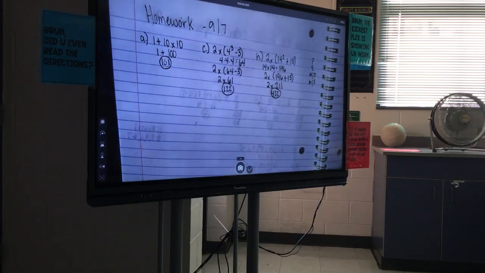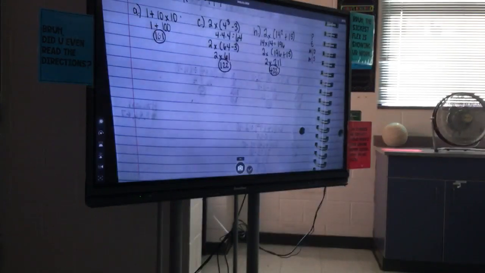Inside of parentheses, you have to do order of operation. So you have to do 14 squared, which is 196, plus 15. Inside of parentheses, you have to follow order of operation. What is another one that you would like to go over?